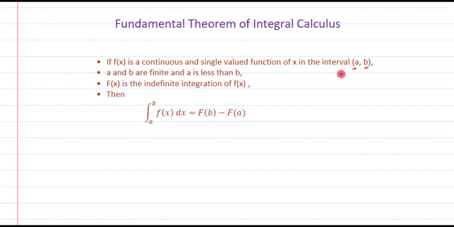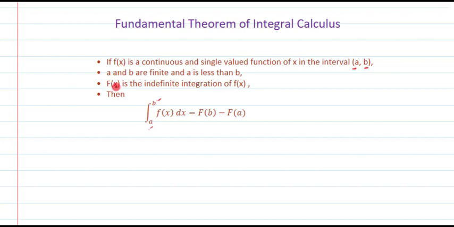As I told you in the earlier slide, a is the lower limit and b is the upper limit. So the lower limit should always be less than the upper limit, as it is written here: a and b are finite and a is less than b. Next, here I am taking small f(x) and here I am taking capital F(x).